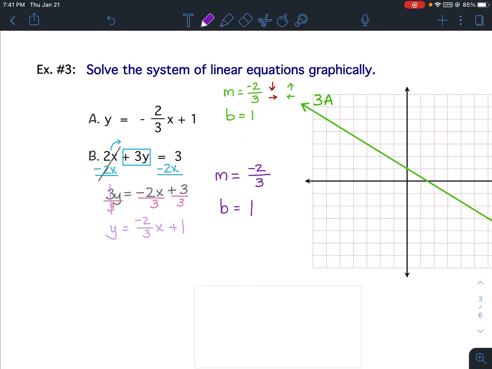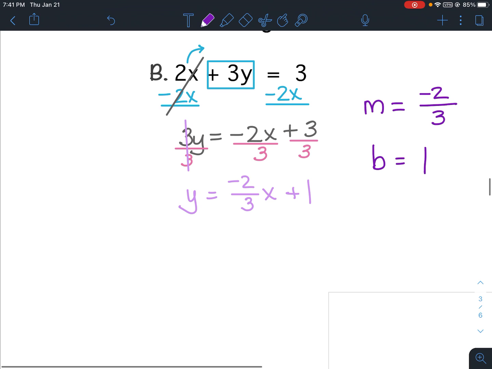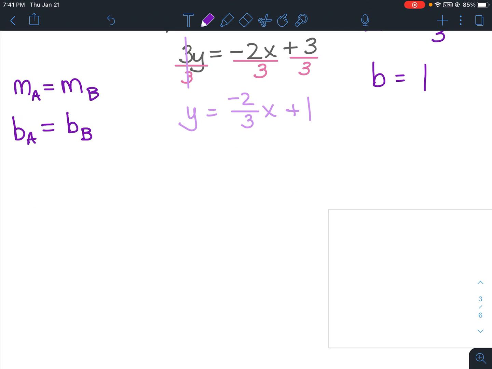So that means my slope of line A equals the slope of line B. The y-intercept of line A equals the y-intercept of line B. If they are equal to one another, both the slope and the y-intercept, they are called coincident lines. We can just abbreviate that. But these will be coincident lines, which means one lies on top of the other.